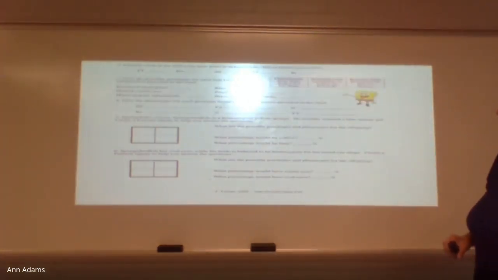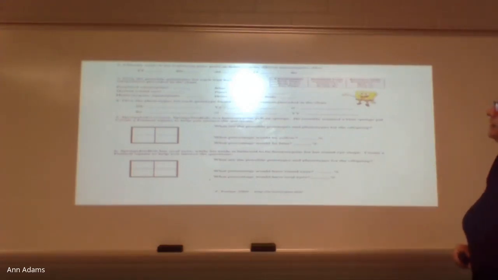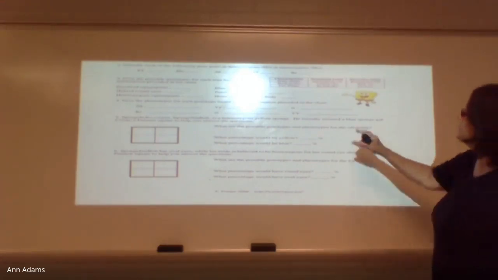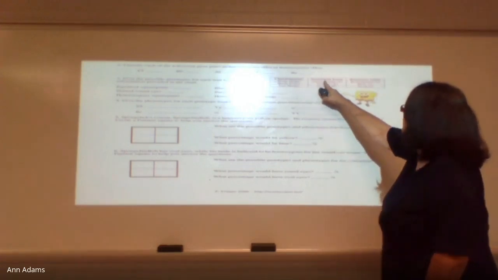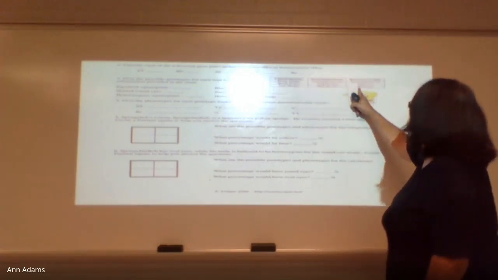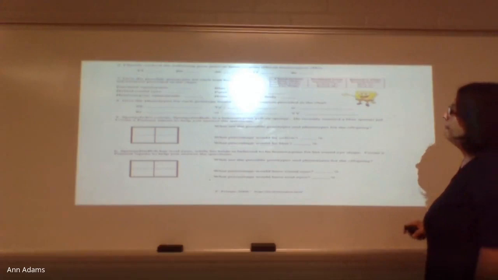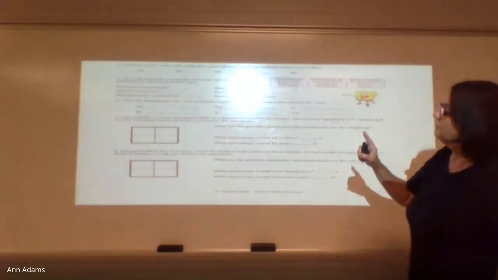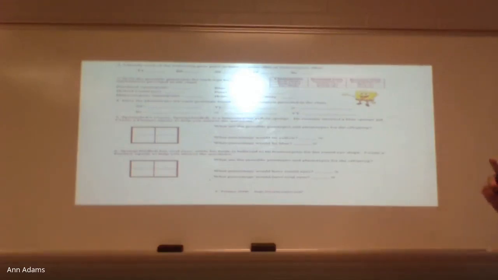All right, number 3. Give the possible genotypes for each trait based on the information provided in the chart. Okay, here's the chart that it's talking about. You got your characteristics, you got your dominant, your recessive. Okay? All right. If it wants purebred square pants, remember what purebred is, okay?